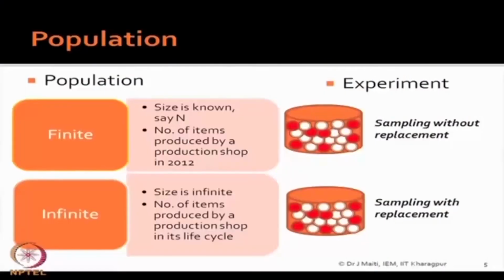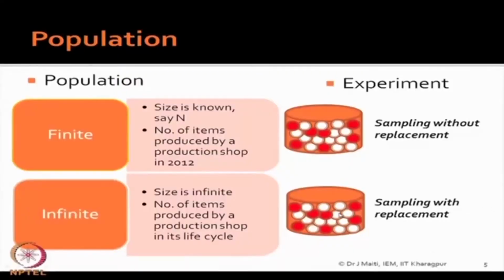So, if we do one experiment like this, see this figure, inside this, say this is an urn, and inside it there are red and white balls. Now, you pick up one ball, then the next ball, one after another, without replacement. After some time, there will be no ball left to pick up, and the experiment will end. This is a finite population.